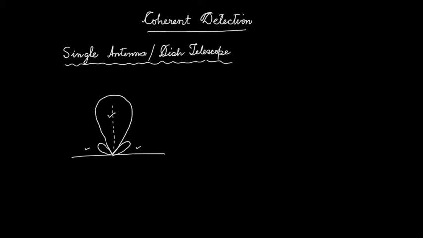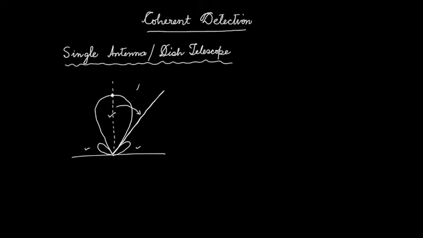And the directional sensitivity of the antenna, we wrote down where it goes to the first zero. So in this particular direction, the directional sensitivity is 0, and here it is maximum.